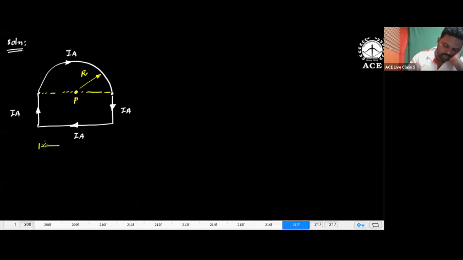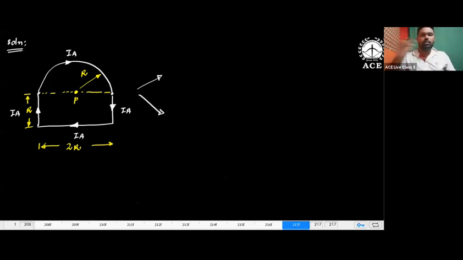This distance is 2R. So what I'll do, I'll just view this problem as a collection of 2 sections only. What is the collection of 2 sections? In the circular loop, half. In the square one, half. How it is like this.